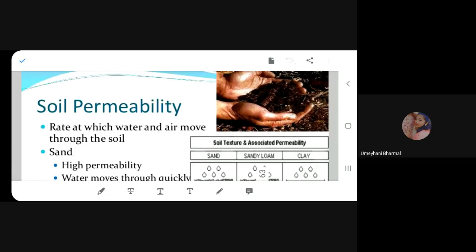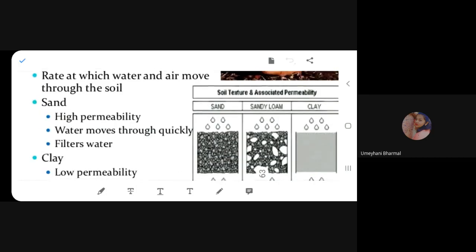In case of sand, let's take the sand first. Obviously, the size of the particles is big, so the space between the sandy particles is more. So obviously, the water and air will be able to pass through very easily.